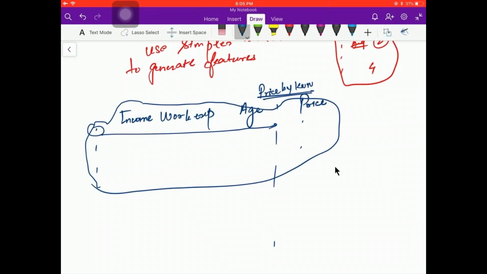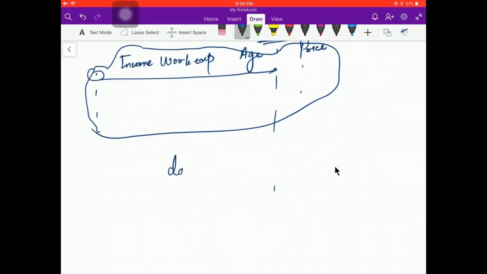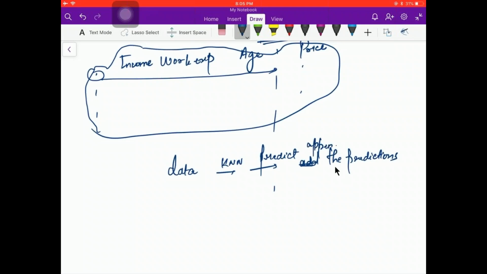Are you understanding? You have the data. So KNN is introduced to add new features. That's correct, you predict and then add the prediction. Add is not numerical add, it means append the prediction to the original data.